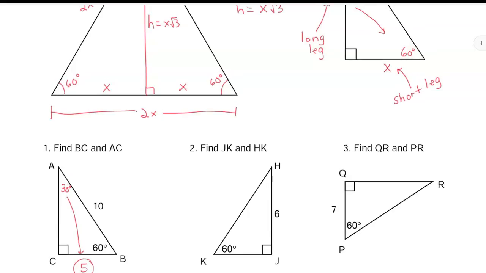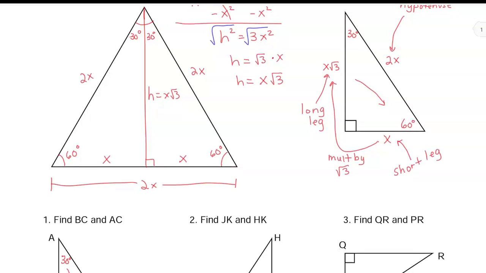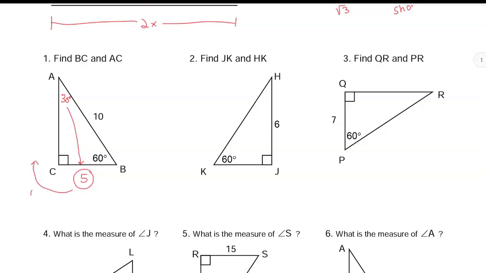Then, if you look back at our diagram, whatever the shortest leg is, you have to multiply that by root 3 to get the longer leg. So since we have a 5 on the shorter leg, I'm going to multiply by root 3 to get the longer leg. So the longer leg is 5 root 3.